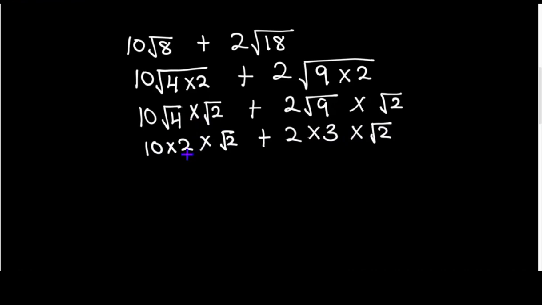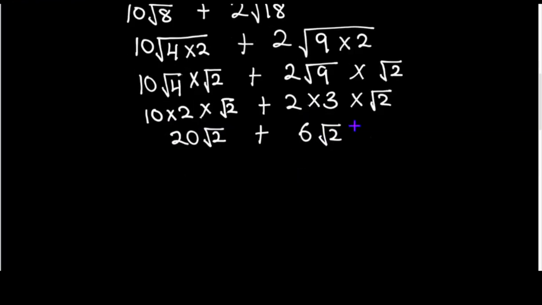So 10 times 2 is 20. You add a square root there, square root 2, plus 2 times 3 is 6. You add a square root there. The square root of 2 is the same because it can't be simplified any further.